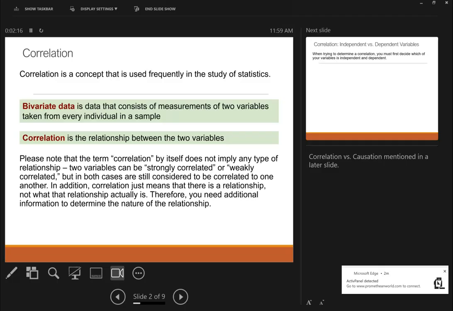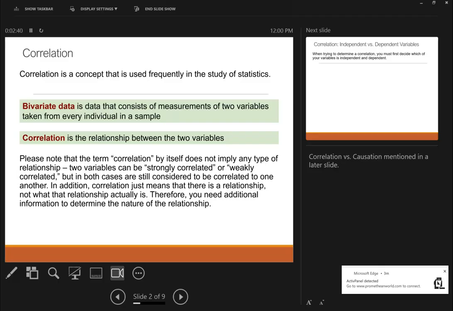So this word correlation doesn't specify any type of specific relationship between the two variables. Whether they're strongly correlated or weakly correlated, they're still considered correlated.